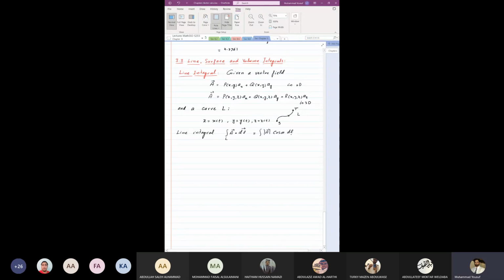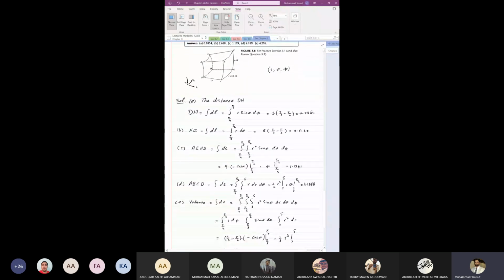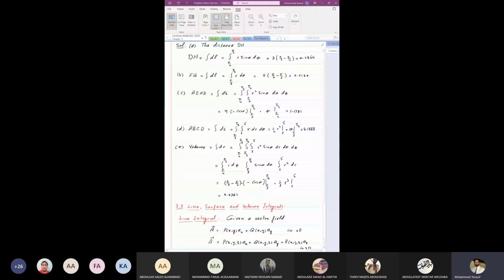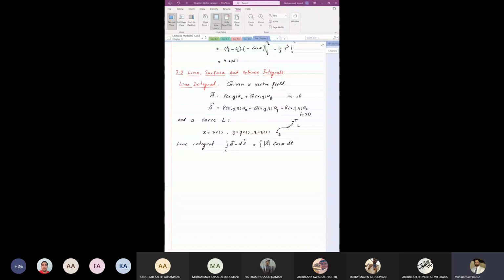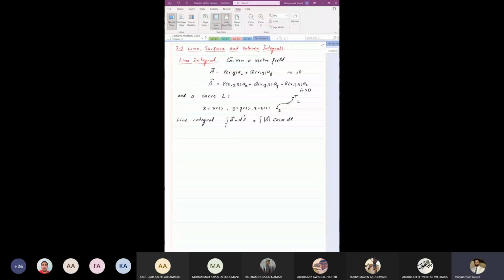This small dl, without a vector notation, is like dr, is like d theta, is like d phi, is like dz, as we have seen in the previous example. Like r sine theta d phi. This is small dl on the right hand side without arrow.